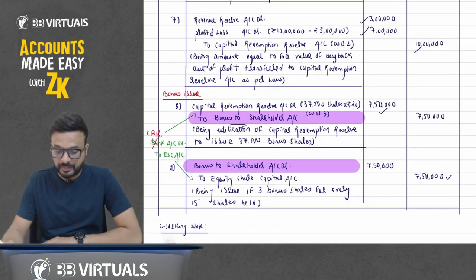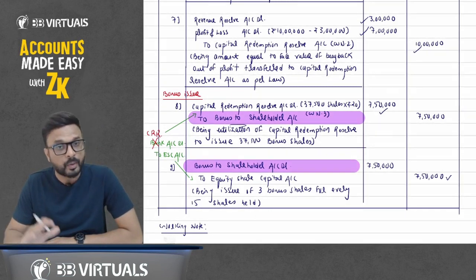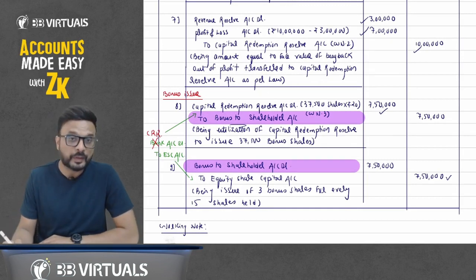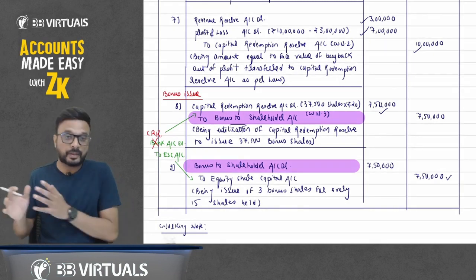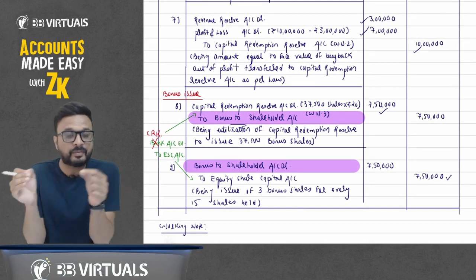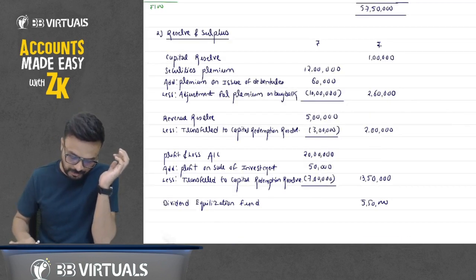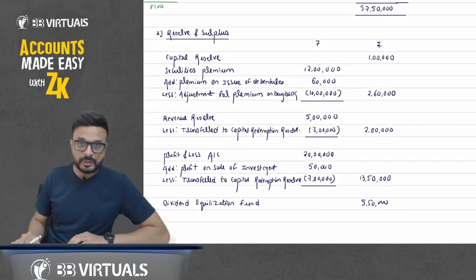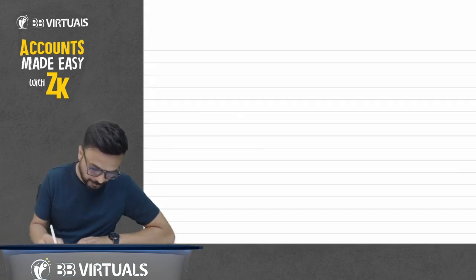So how much balance do we have after the utilization of the CRR account at the time of bonus issue? The balance we have is 2 lakh 50,000. So write down here below this dividend equalization fund.